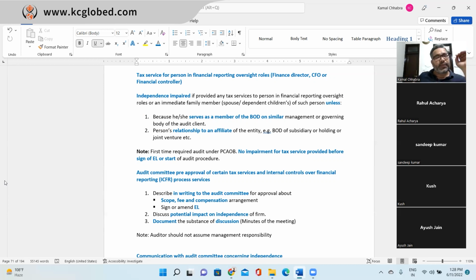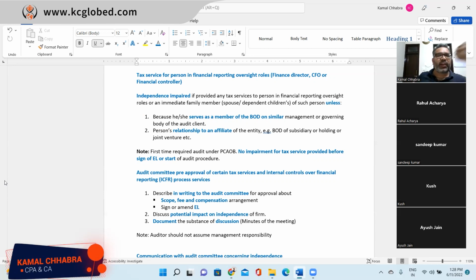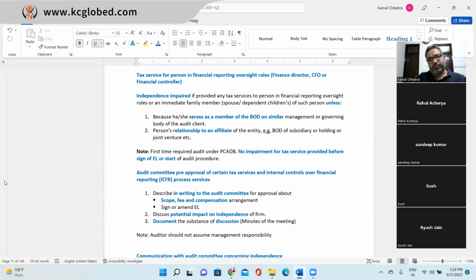But when it has been specifically aligned for that designation and for the specific work, in that scenario, if you provide tax services, or income tax filing of the returns, that is allowed, both in independence rules as well as in PCAOB rules.